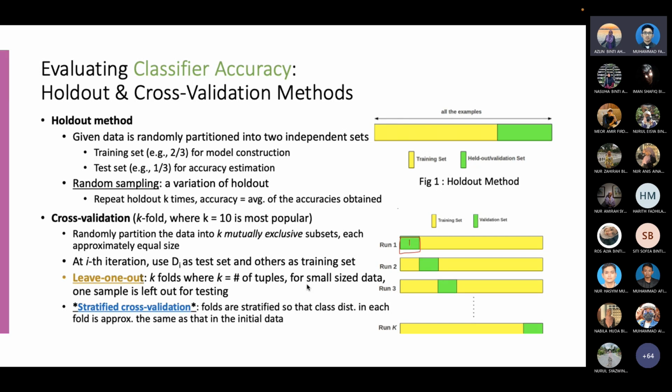So 120 data for training, 30 data for testing.